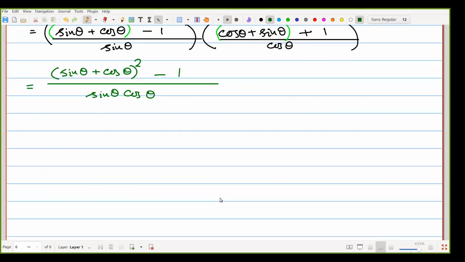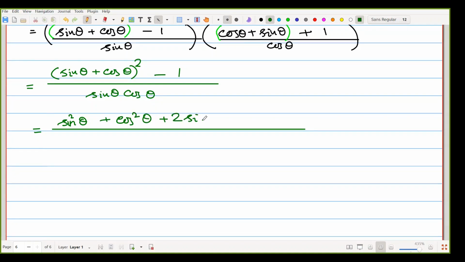So do the numerator calculation at first. Sin theta plus cos theta whole square, that means sin square theta plus cos square theta plus 2 sin theta cos theta, then minus 1, and here that is sin theta cos theta.